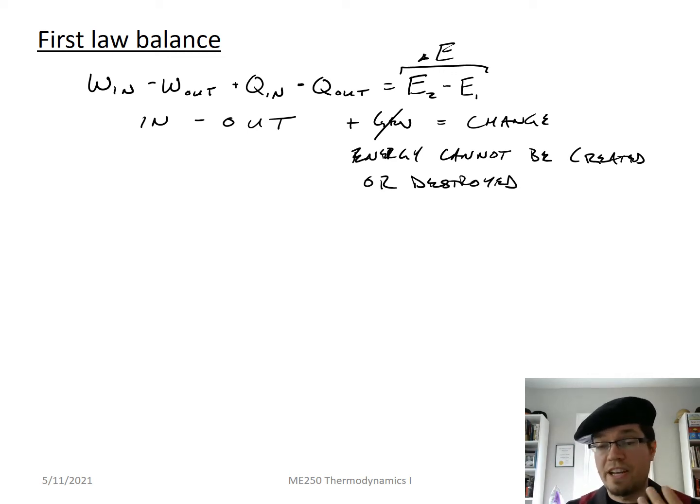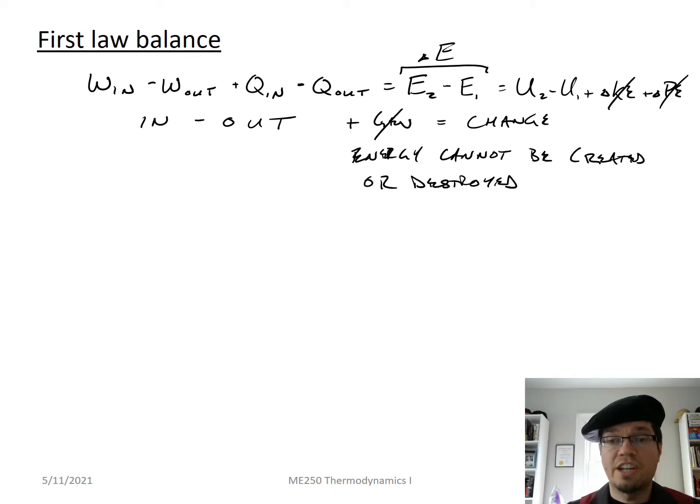We can just bring it in or out by work, we can bring it in or out by heat, and we can change the energy of the system. And that change in energy of the system would be U2 minus U1 plus delta KE plus delta PE, but those we already assumed were negligible in this case because we're not changing kinetic energy or potential energy much.